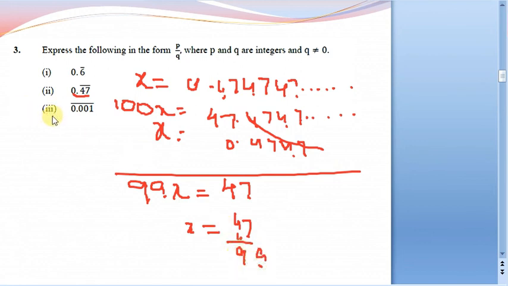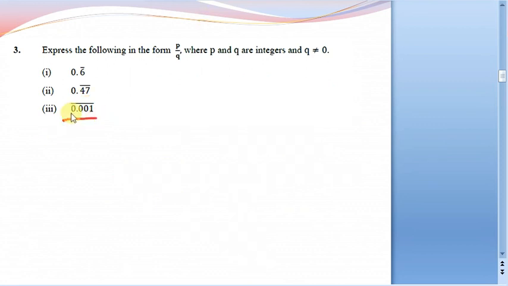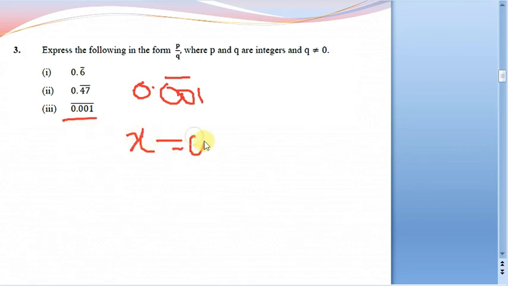Now let us move to the third one. The third one is 0.001 bar. We have to convert it into rational form. As usual, our assumption is x equal to 0.001001 and so on. Now, for how many digits is this bar there?